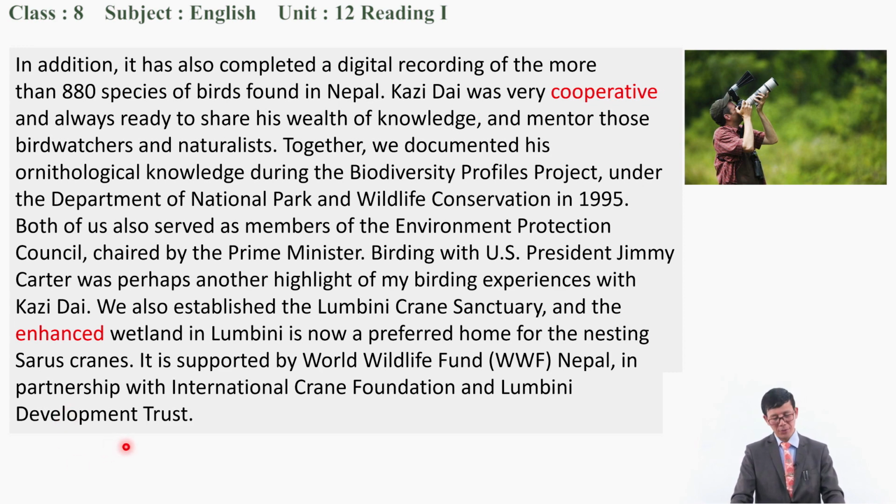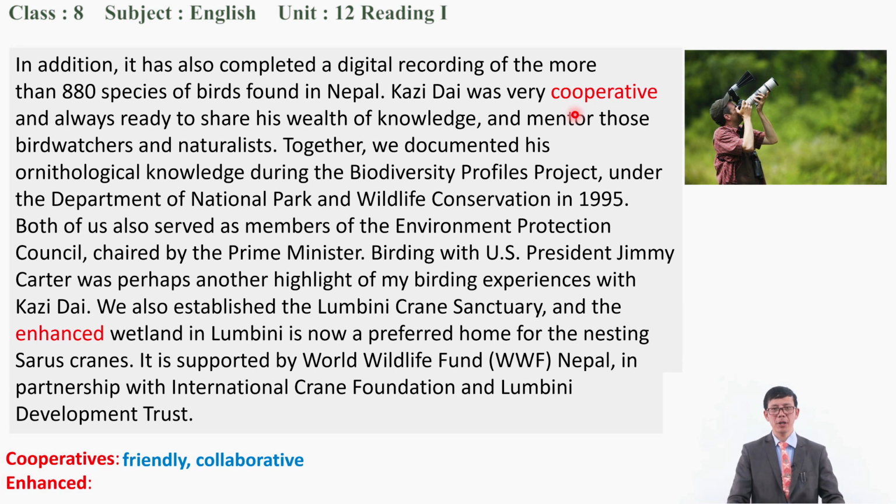Here are again some of the words, like cooperative and enhanced. Who was cooperative? Kajidai was a very cooperative person. That means he was very friendly, very collaborative. And another one is enhanced. What is that?